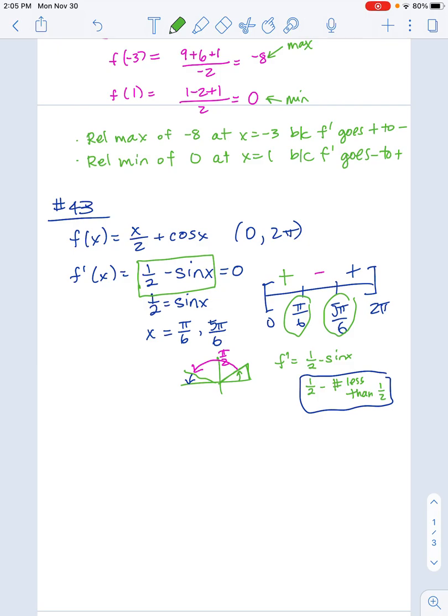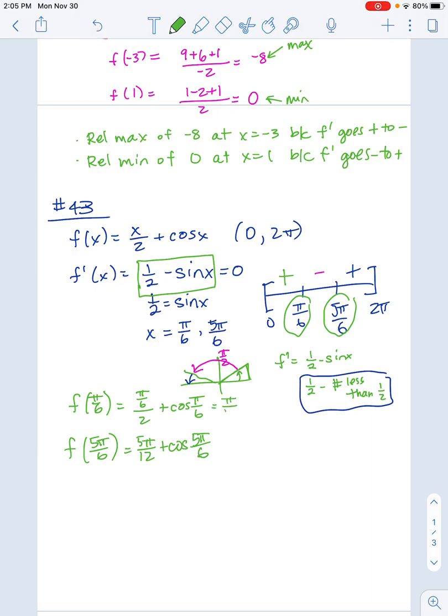what the extrema were. So f of pi sixth is pi sixth over 2 plus cosine of pi sixth, and f of 5 pi sixth, I'm just going to write 5 pi twelfths plus cosine of 5 pi sixth, right?